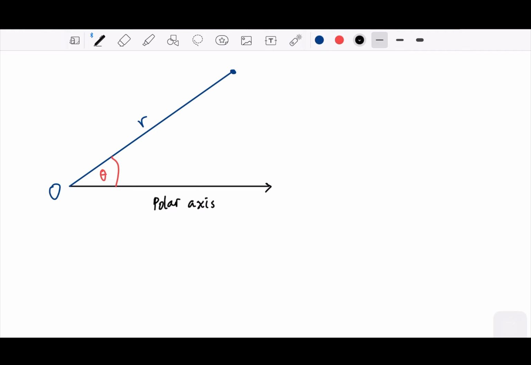We will have two components, the radius and theta. So we determine the position here based on the radius and theta. The position can rotate, and it always starts from here and rotates counterclockwise. That we consider a positive movement. When it moves the other way, it's negative. Those are the rules in a polar system.